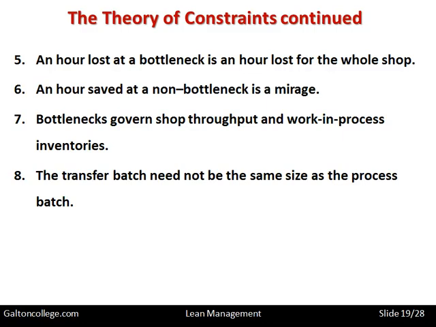The transfer batch need not be the same size as the process batch. To get continuous production, if the information from the buyers is reliable and if it doesn't vary a lot, then continuous production is possible, which is the most efficient.